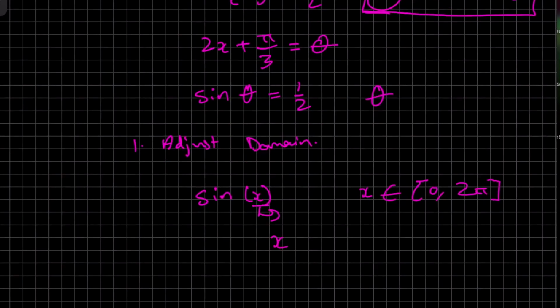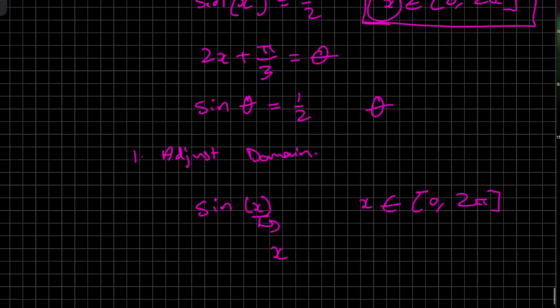However, we're not just dealing with this x, we're dealing with some translations that have been done to this x. So if our x has been multiplied by 2, our domain also needs to be multiplied by 2. If our x has had pi on 3 added to it, our domain must also be adjusted to have pi on 3 added to it.